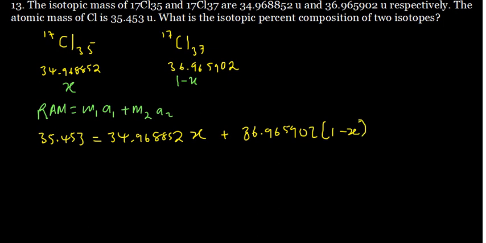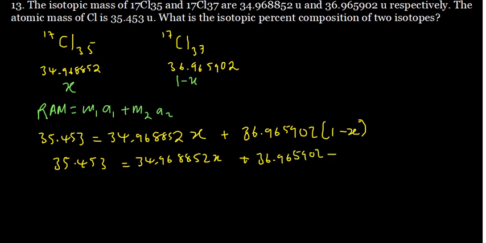From here, 35.453 is equal to 34.968852x. Then plus, I'm going to multiply this by what is inside the bracket. So that is going to be 36.965902 minus 36.965902x.